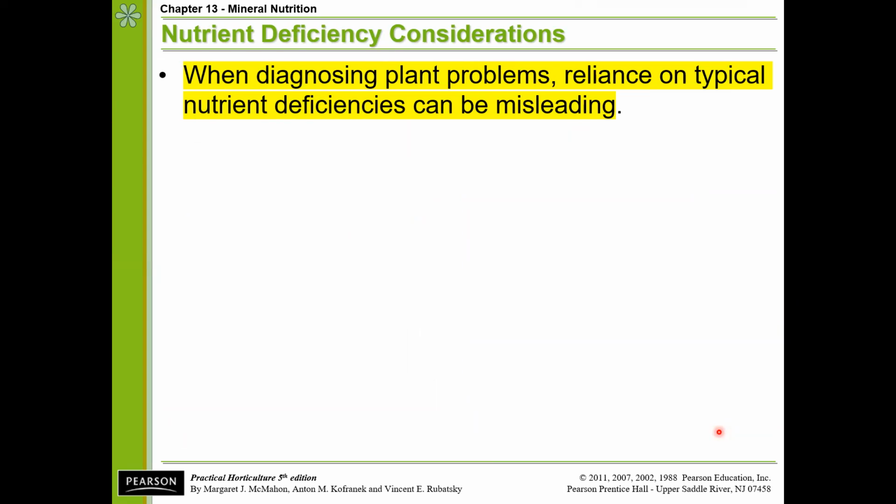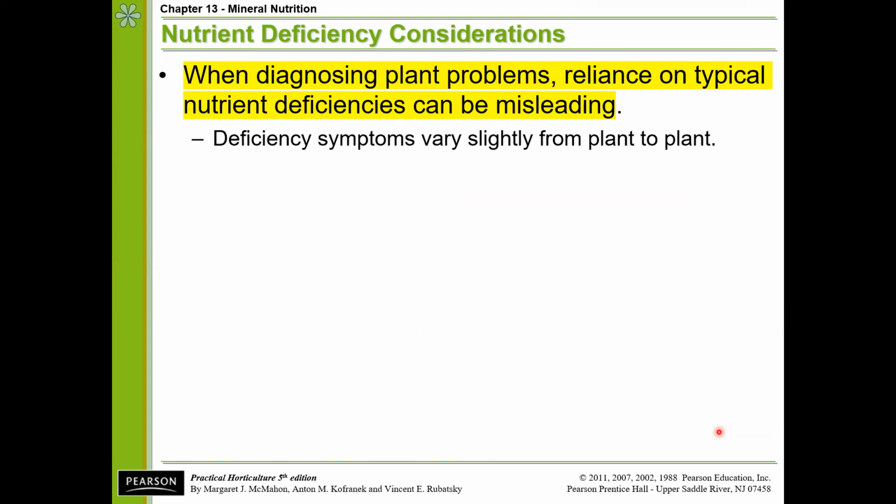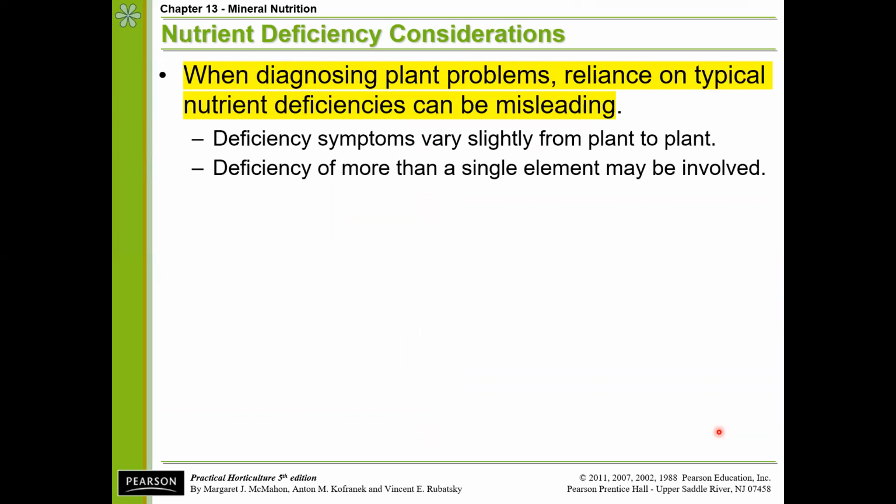So if we are trying to diagnose plant problems related to nutrient deficiencies, there's a lot of things we have to look at. First, these symptoms can vary from plant to plant. If one nutrient is deficient, then likely there are multiple that are deficient. So in those cases, you're going to have different symptoms.